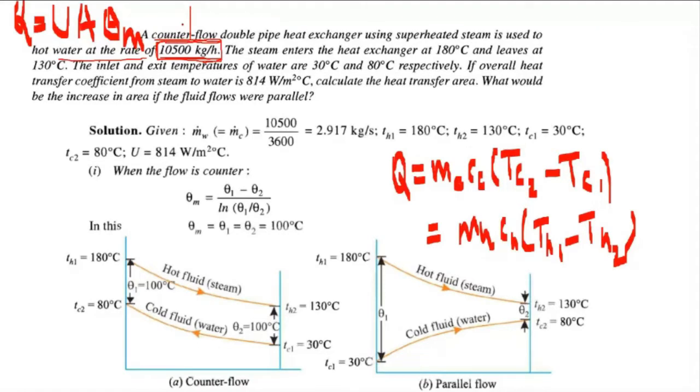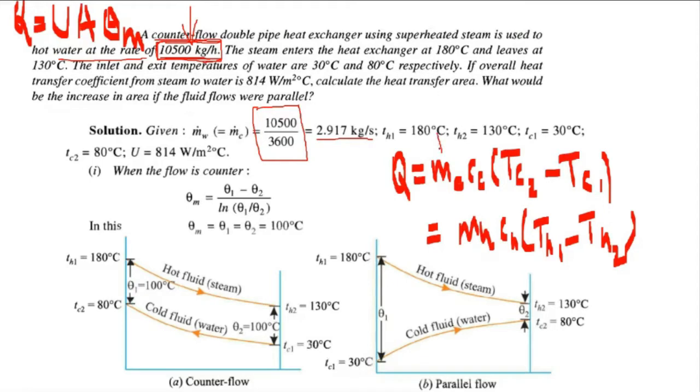This is mass flow rate of water, or we can say that this is mass flow rate of the cold fluid, that is 10500 kg per hour. You can convert the same in kg per second. So we are getting 10500 divided by 3600, which is 2.917 kg per second. This is MC value for us.